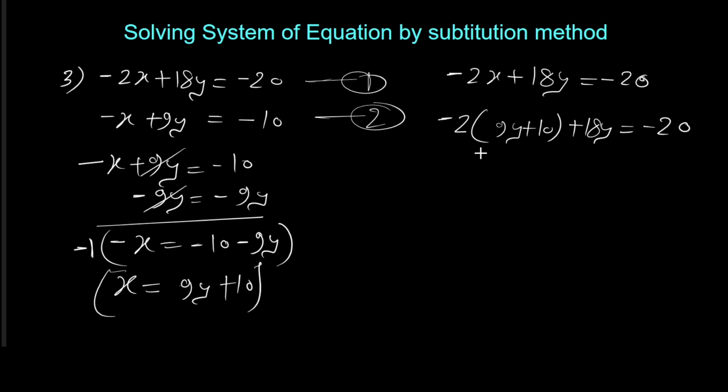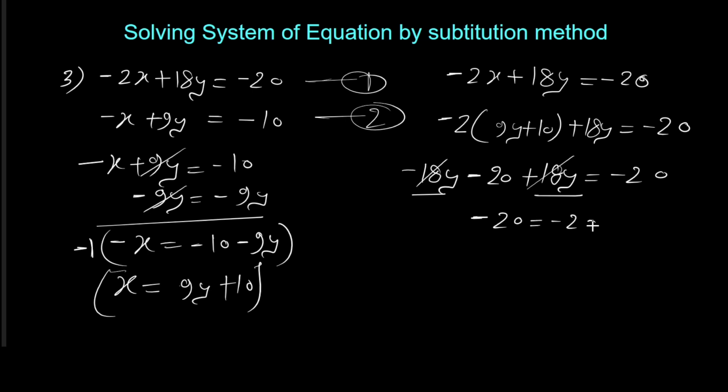Let's multiply this: 2 times 9y gives us negative 18y, and 2 times 10 gives us negative 20, plus 18y equals negative 20. Here we have like terms with opposite signs, negative 18y and positive 18y, so these cancel out. We have negative 20 equals negative 20.